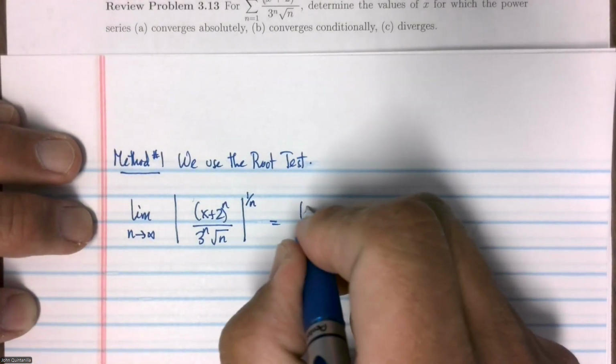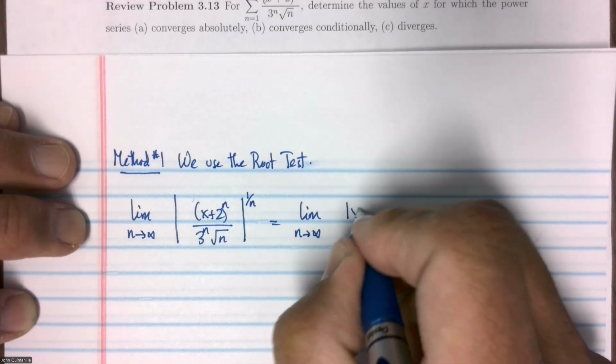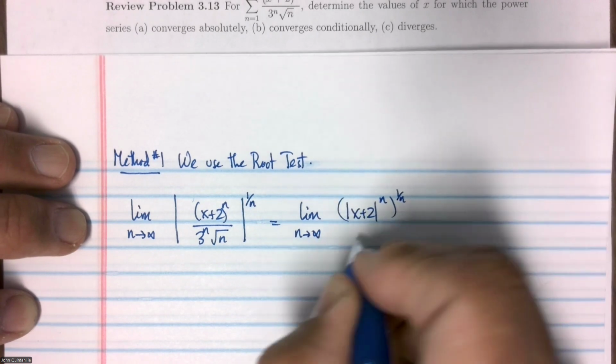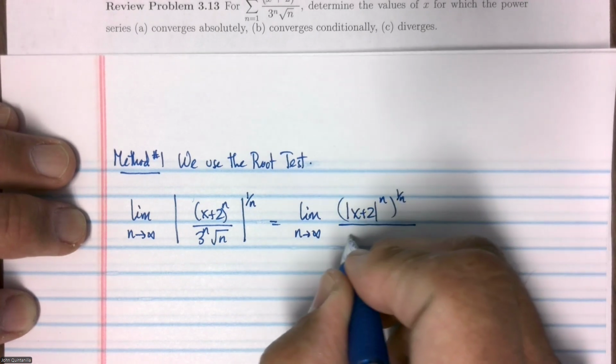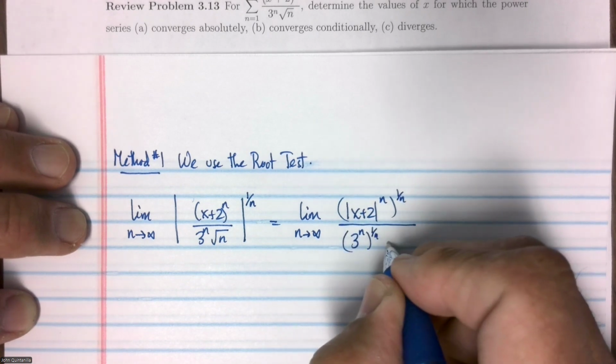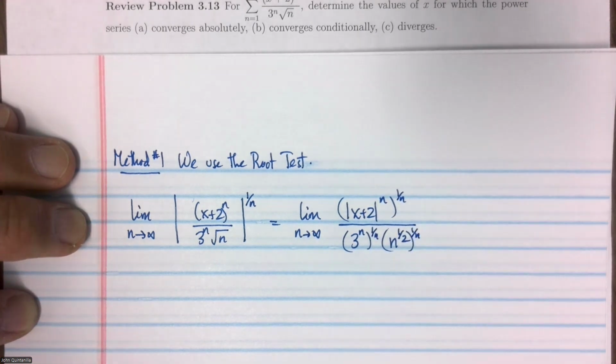So this is going to be the limit as n goes to infinity of the absolute value of ((x plus 2) to the n) to the 1 over n, all over (3 to the n) to the 1 over n times (n to the 1/2, square root of n) to the 1 over n.